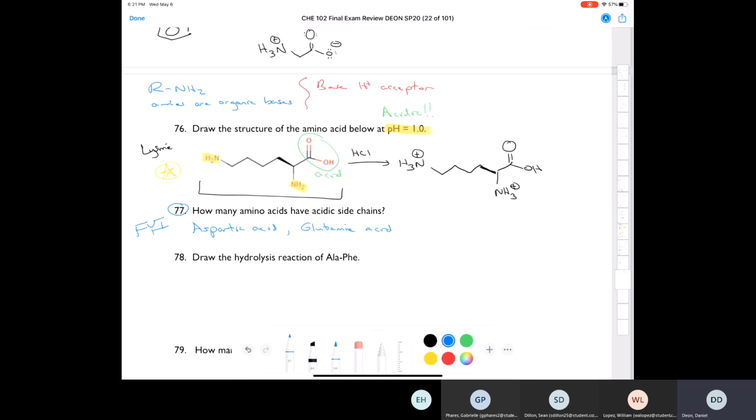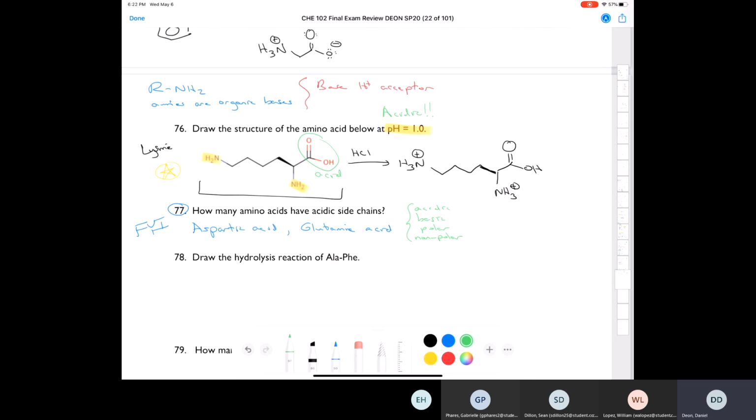So you should be able to recognize a basic amino acid, an acidic amino acid, a polar amino acid, and a neutral amino acid. If you're unsure about that, look at our notes. So we'll put acidic, basic, polar, and non-polar. You have to be able to recognize all of those.